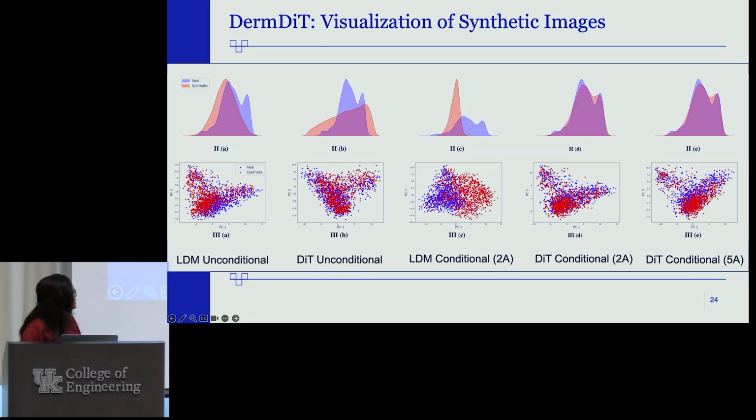The second row is the principal components of real and synthetic images. If you see the last two, the distributions of real and synthetic images overlap quite well, which represents that the quality of the generated images is quite similar to the real dermoscopic images of the ISIC dataset.